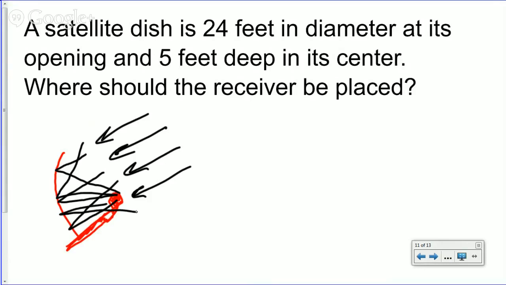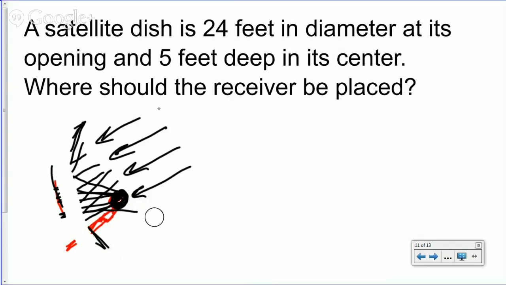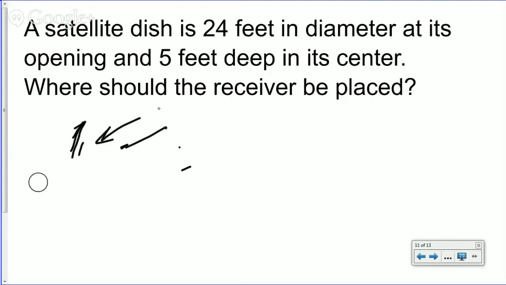Come here, it comes in at this direction and they all get bounced to this one point. Now this is a very specific point related to the curve of that dish. So if maybe I extend that dish on, this point happens to be the focus. So the focus is exactly where this receiver is going to go. So that's what I need to be looking for.